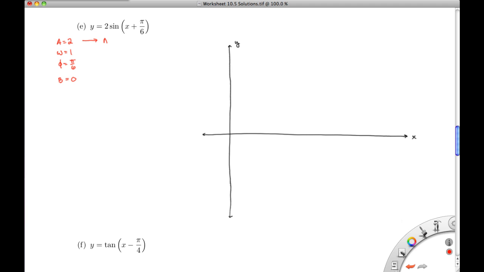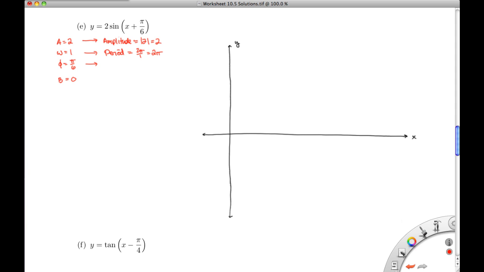So from this, we see that our amplitude is going to be equal to the absolute value of 2, which is 2. So this can be vertically stretched, doubled. Period: since omega is 1, the original period of the sine is unchanged, and we just get 2 pi.